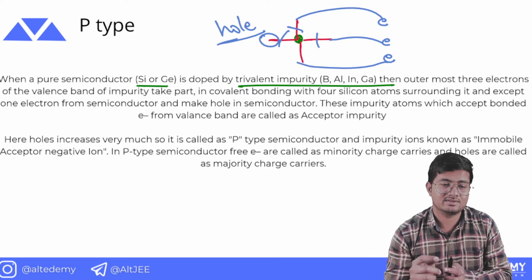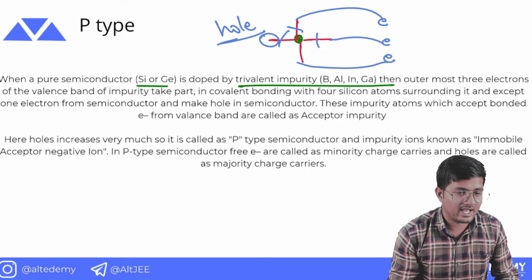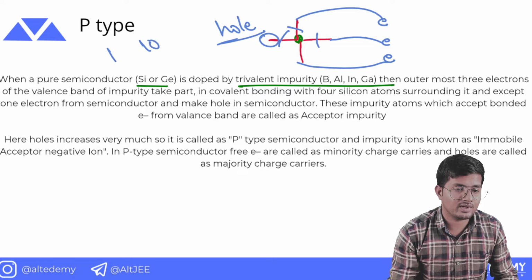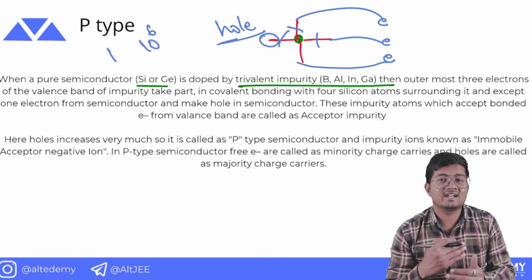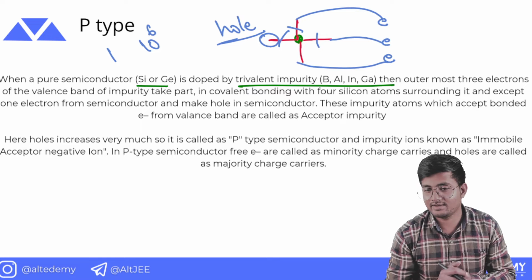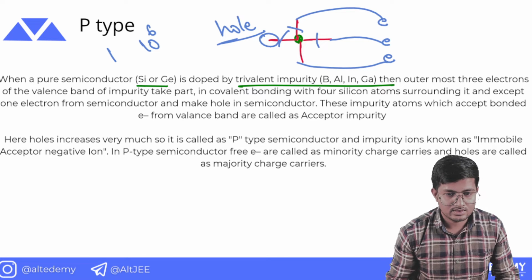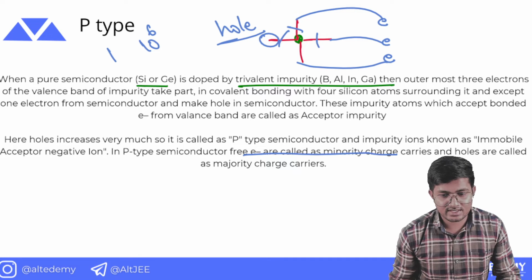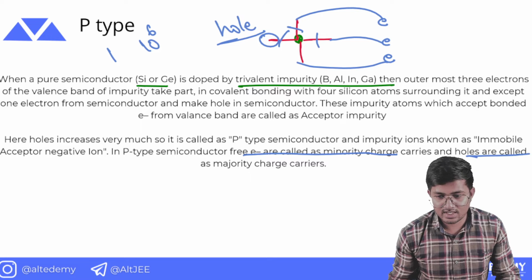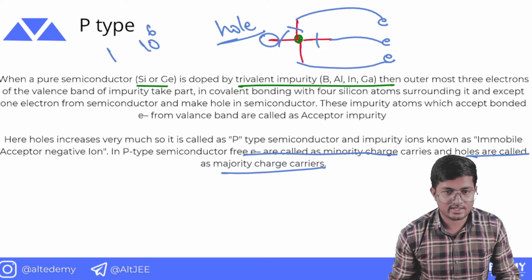By adding one impurity in 10 raised to power 6 atoms, we can improve the conductivity drastically, right? So in p-type semiconductor, beta, free electrons are minority charge carriers and holes are majority charge carriers. Great.